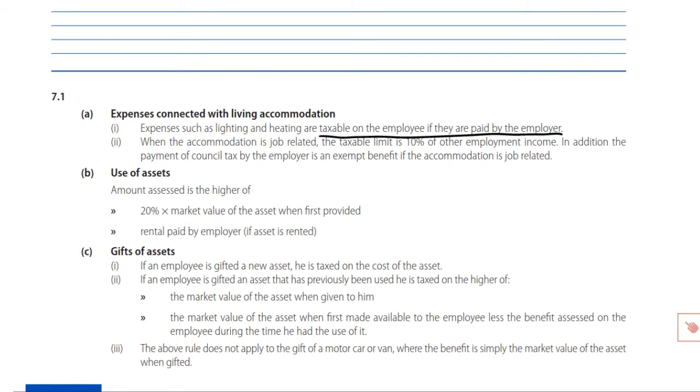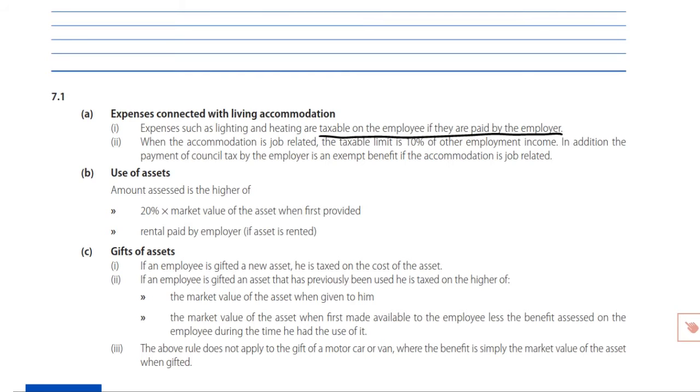I've seen students make a common mistake here, where what the question tells you is that the employee paid for the heating and lighting, paid the council tax of X hundreds and thousands of pounds there, whatever it might be. And what students do is then go and deduct those payments made by the employee for those costs, the gas bill, the electric bill, the council tax. They go and deduct it in deriving the assessable benefit.